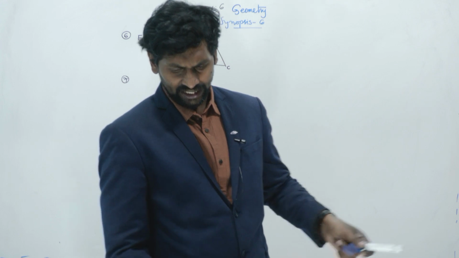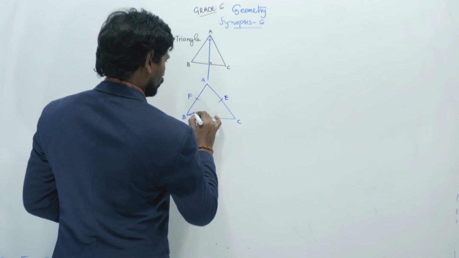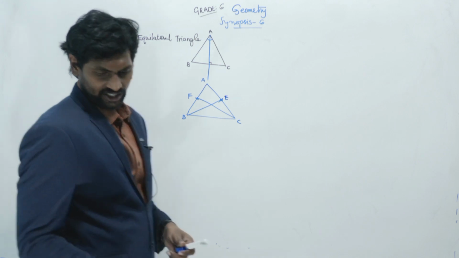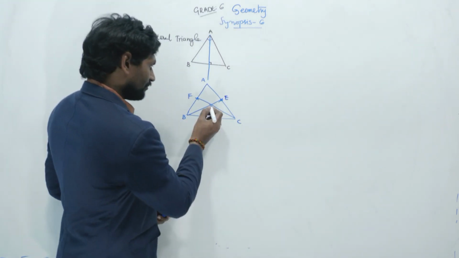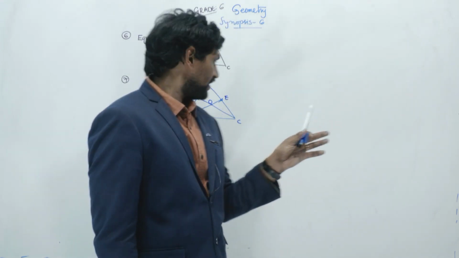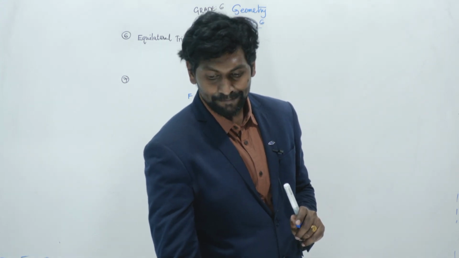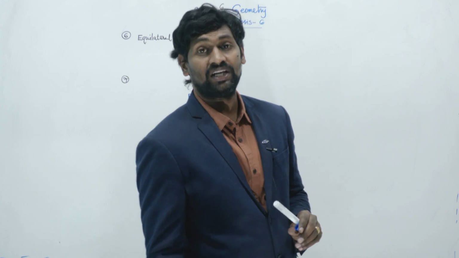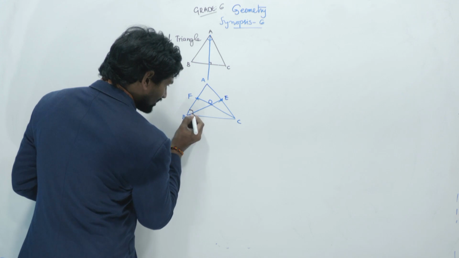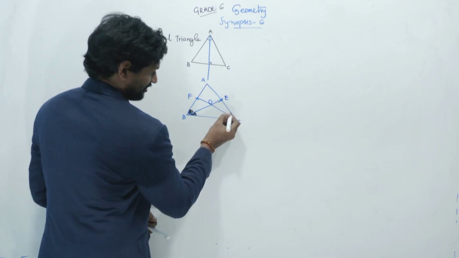And E and F are two points connected to each other like this, and the intersecting point is taken as O. So in the given figure, AB equals AC, and BE and CF are respectively the bisectors of angle B and angle C. BE and CF are angular bisectors.